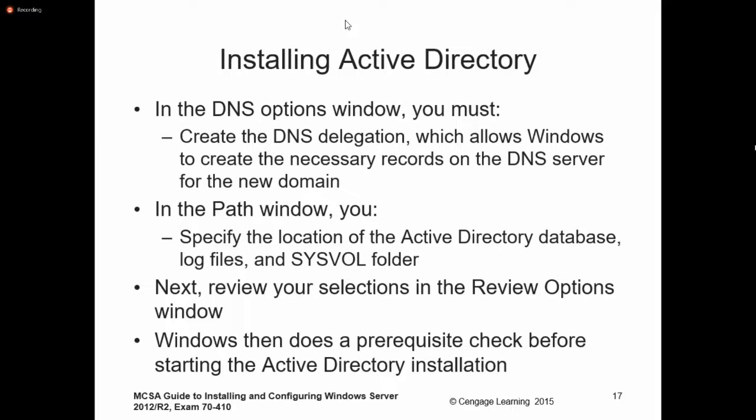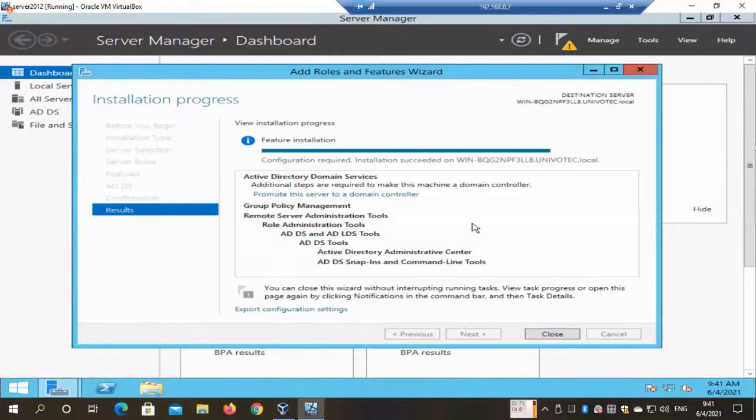Okay, let me see if I can. Okay, yeah. So adding the domain role is complete. Right, now can you see here in the top, additional steps are required to make this machine a domain controller.